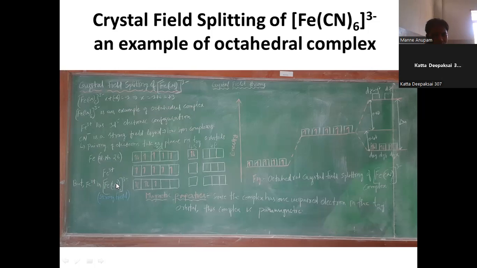Now CN minus is getting paired up like this, and since there is one unpaired electron, the magnetic property is paramagnetic in nature.